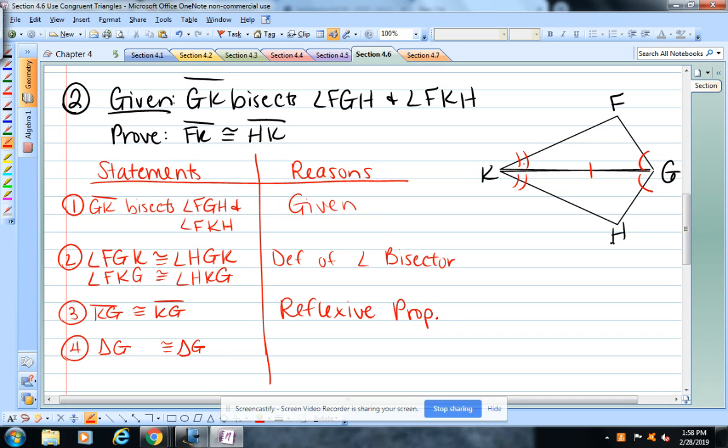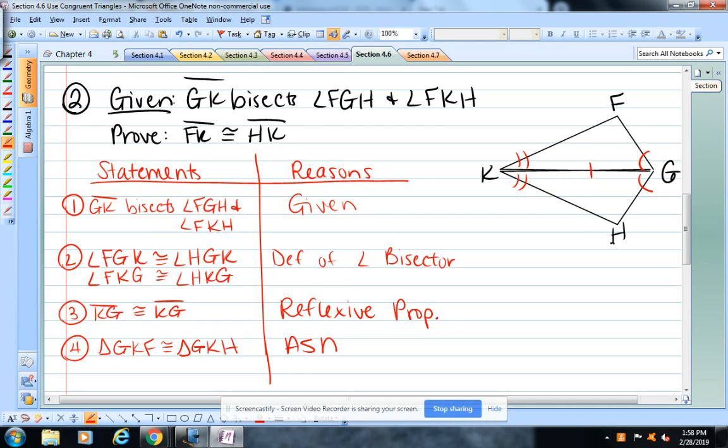Now, angle K on the top triangle is congruent to which one on the bottom triangle? K. Because both triangles have a K, don't they? Now, on the top triangle, which one has to be congruent to the other one? F has to be congruent to H because they both are the only ones without any little arc marks, right? Now, what reason did I say those triangles are congruent by?